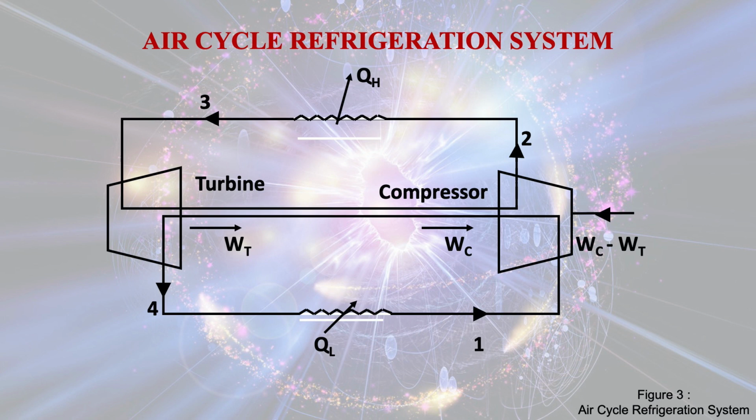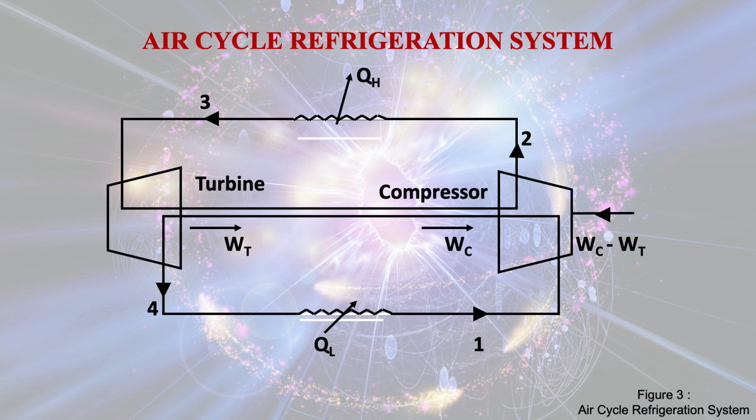So QL is the heat taken from the confined space which is to be refrigerated, and 1 is the exit point after extracting heat from the refrigerated space, and it is just the entry point of the compression.